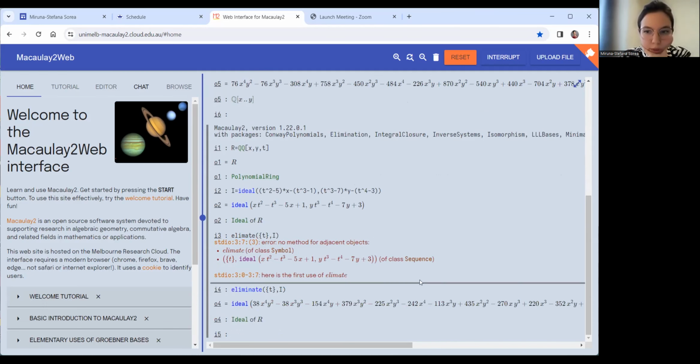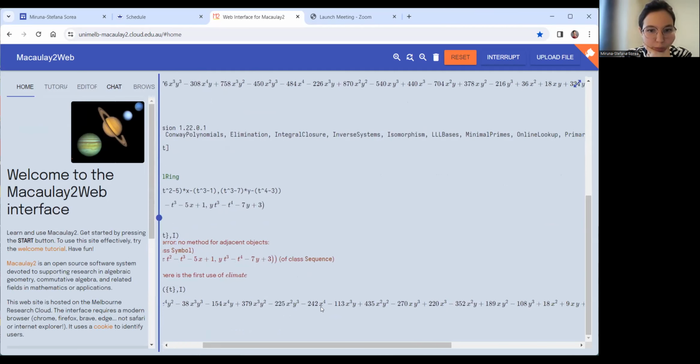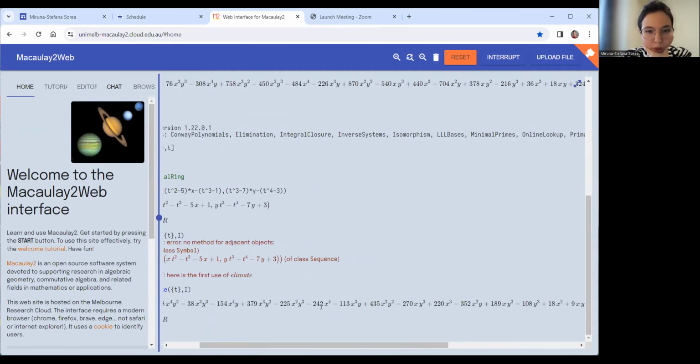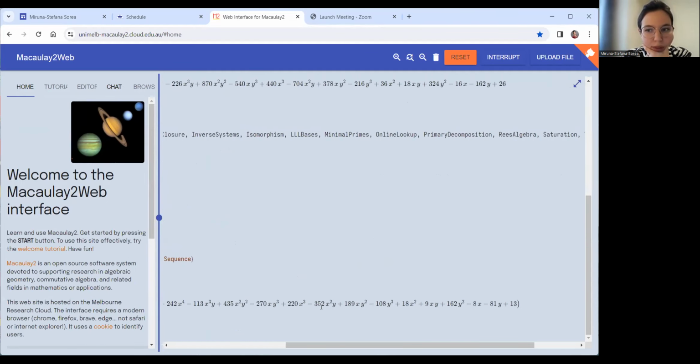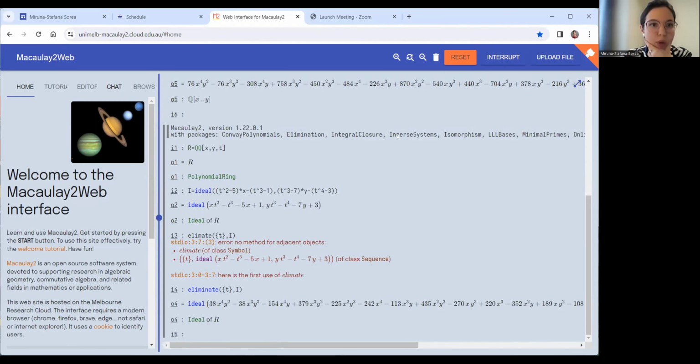So we can compare now and see if we got the same thing. Here this is the ideal generated by the polynomial. But note that the above polynomial is just twice this one. So everything is going on well and nice.